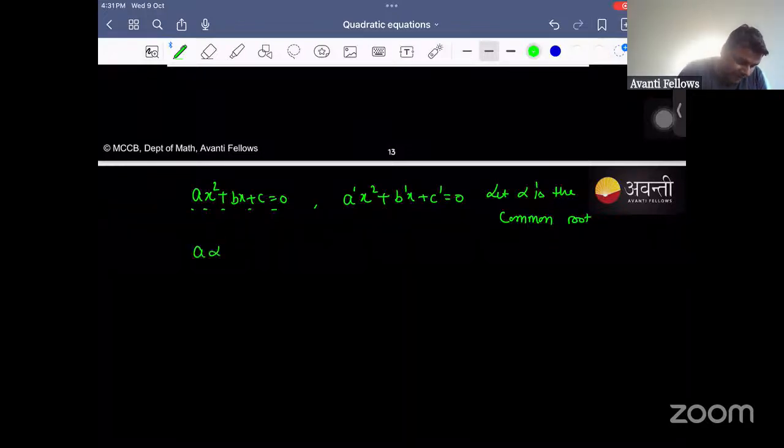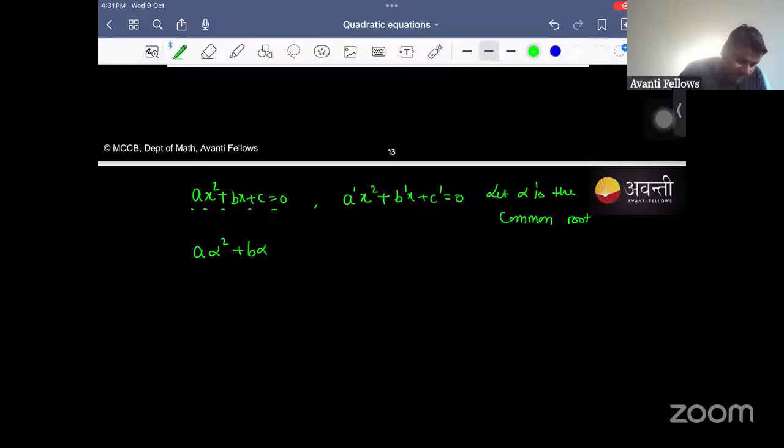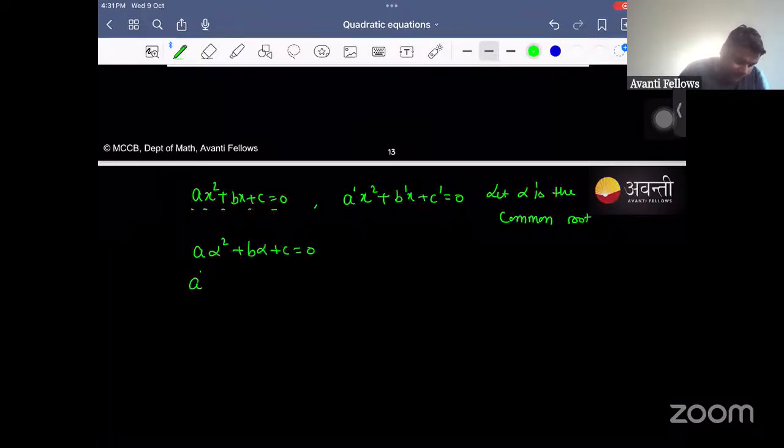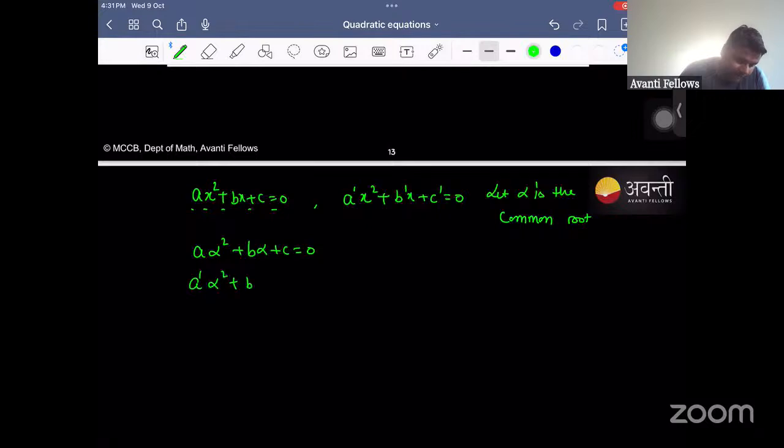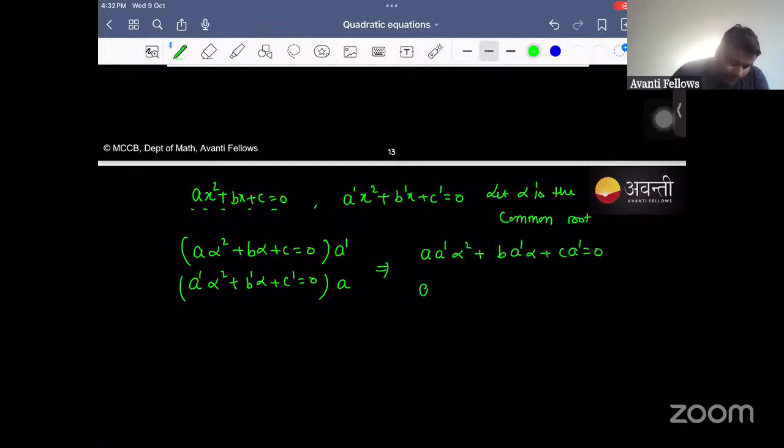So it will be a alpha square plus b alpha plus c equals 0 and a dash alpha square plus b dash alpha plus c dash equals 0. Now multiply the first quadratic with a dash and the second quadratic with a. So you get a dash a alpha square plus b a dash alpha plus c a dash equals 0, and a dash a alpha square plus b dash a alpha plus c dash a equals 0.